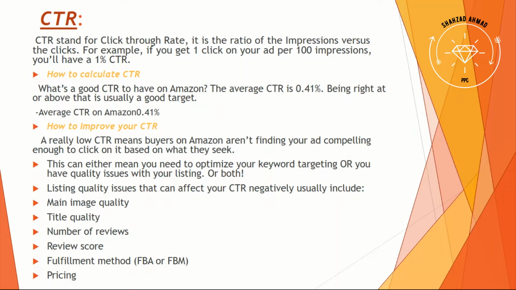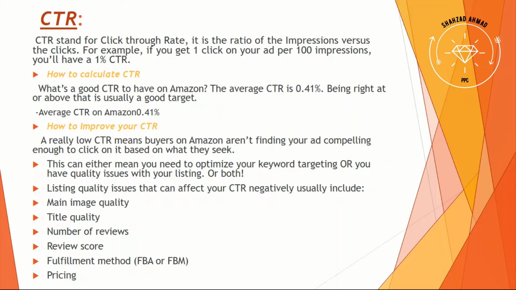So the average CTR is 0.41%. Being right at or above that is usually a good target. So average Amazon CTR is 0.41%. So 0.41% is good, but below 0.3 is very bad. A well-targeted campaign can achieve 2 to 3% CTR or above.